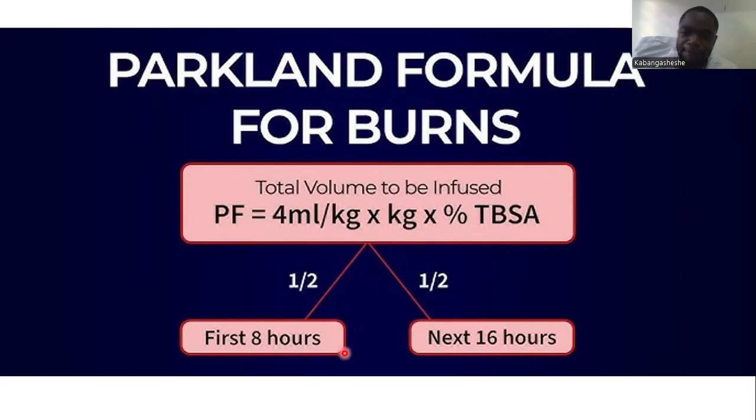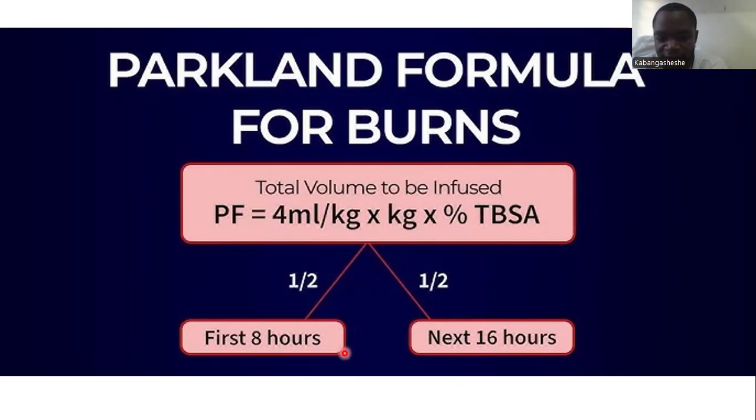You give the first half of the total volume of fluid in the first 8 hours. Then the remaining half, you give in the next 16 hours, divided into 2 doses.